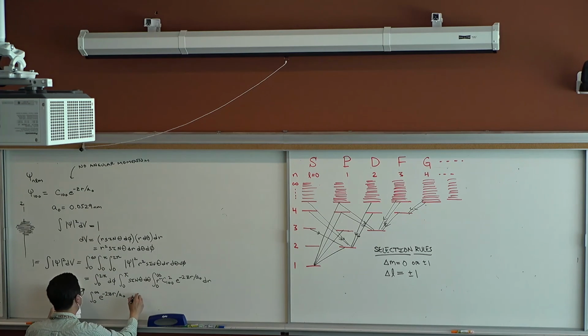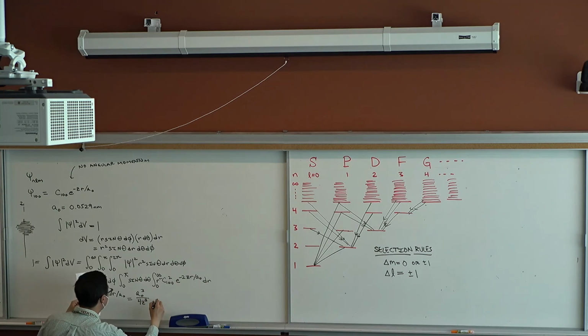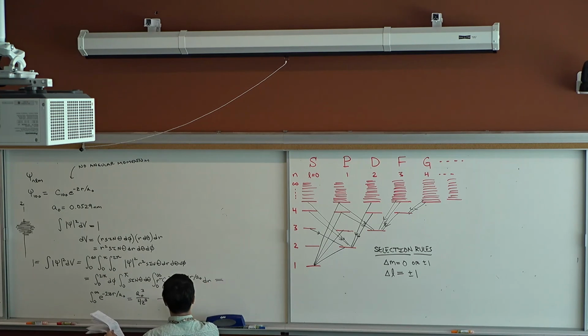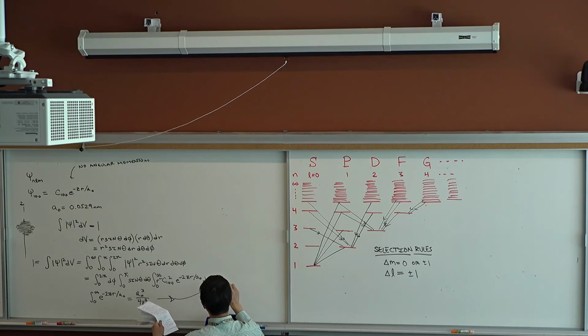I'll just tell you, because I'm basically out of time. This is a naught cubed over 4 z cubed. And so that gives us that this is equal to 4 pi times c100 squared times a0 cubed over 4 z cubed, and that has to equal 1 by normalization.